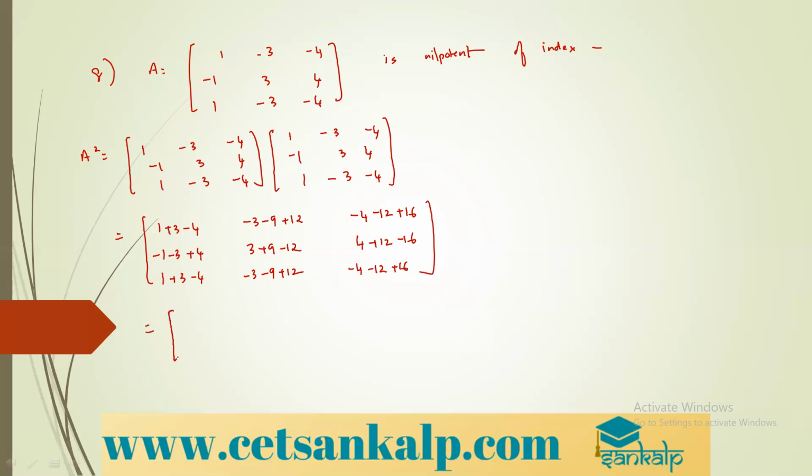So this will give me all zeros. That means, because A square is 0, the index is 2.